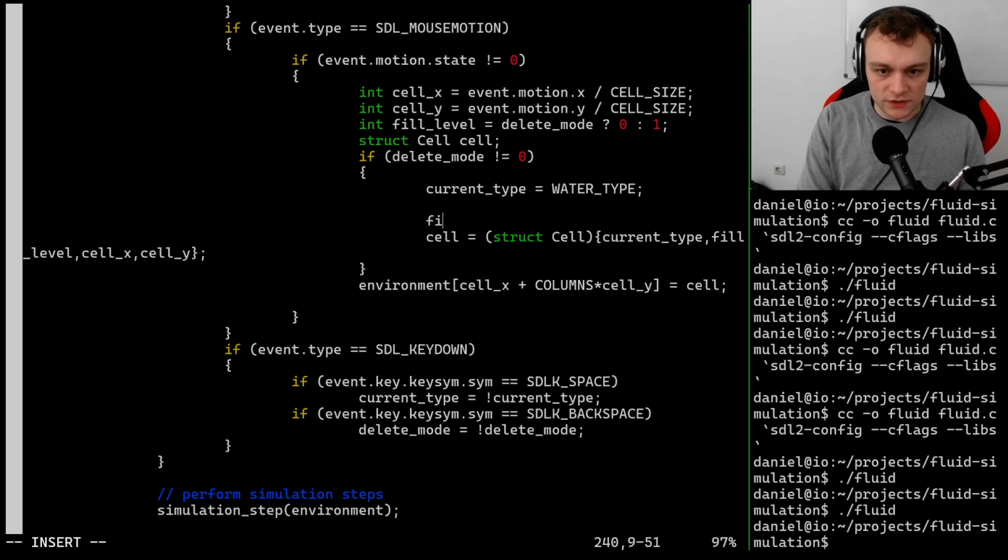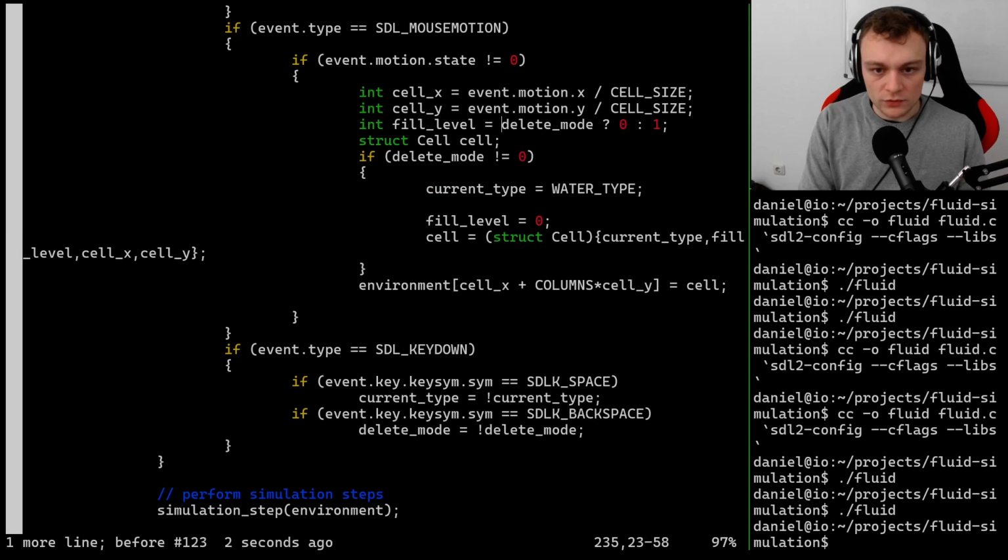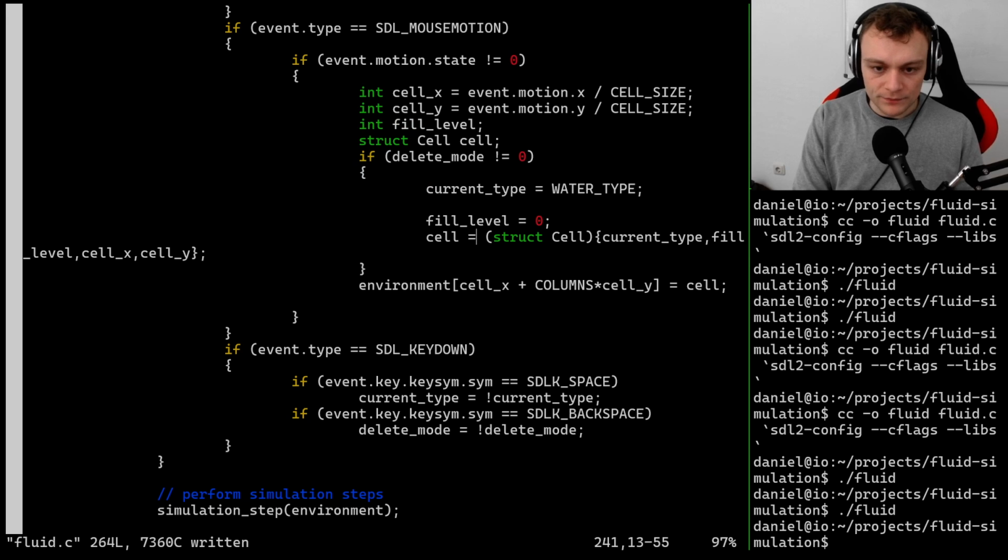So let's just say fill level is 0. Then we can probably delete this line of code. No, we have to replace that with a semicolon. Okay. Now in case we delete, we set a fill level of 0 and then we create that cell.